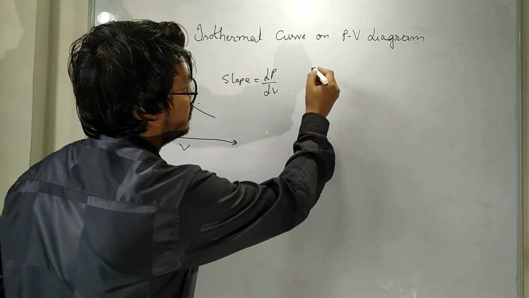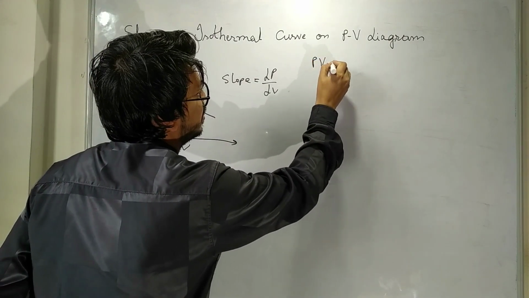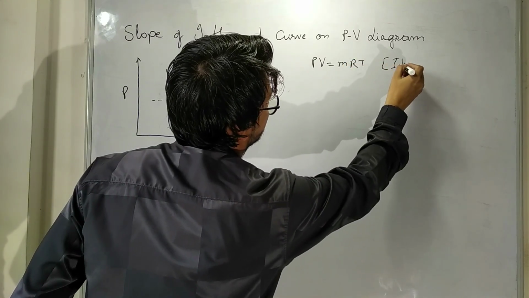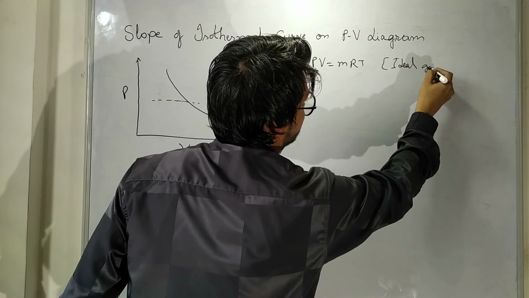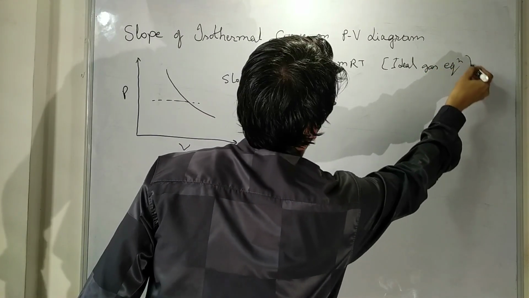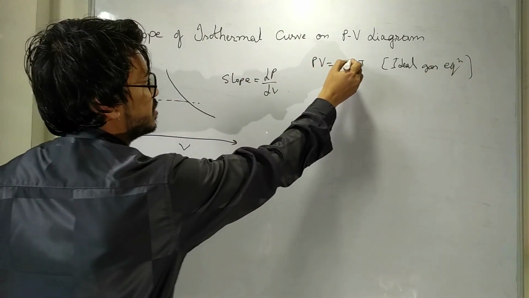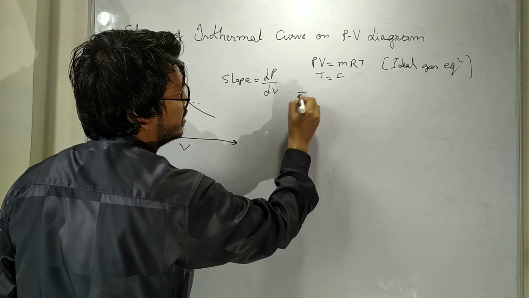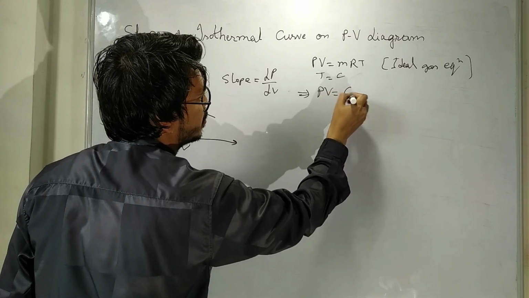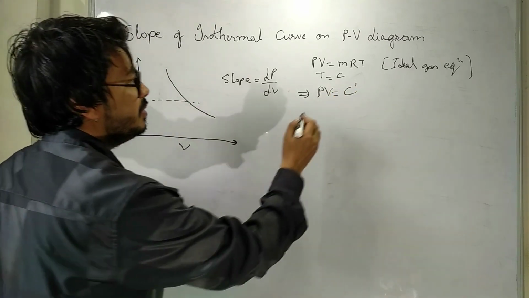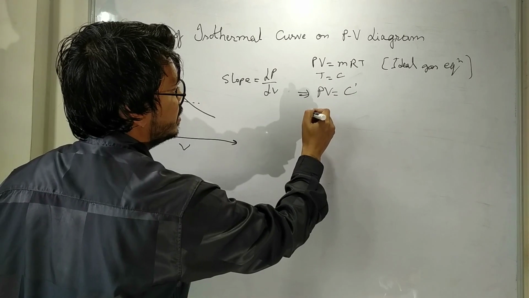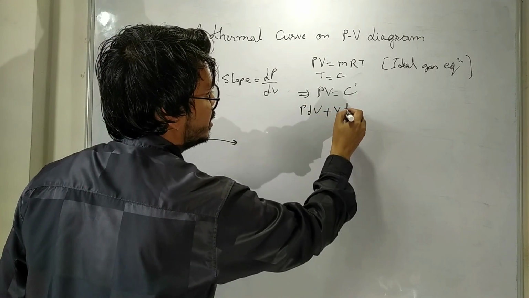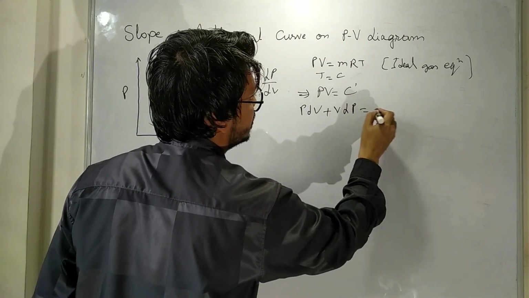Now we know from the ideal gas equation PV equals mRT. m is constant, R is constant, and since the process is isothermal, T is also constant. This implies PV equals constant. If we differentiate both sides, we get P dV plus V dP equals 0.